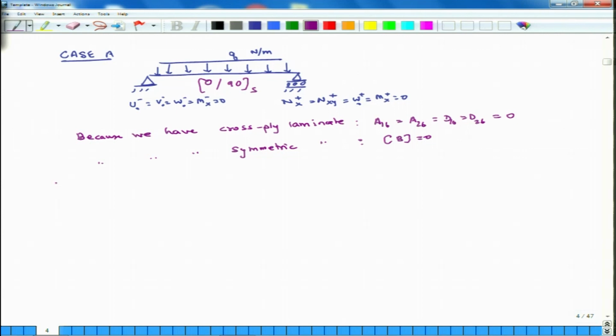We know that N and M, if we have to relate with strains, is equal to A, B and D times mid-plane strains and mid-plane curvatures. Now, it just turns out that this B matrix is 0.